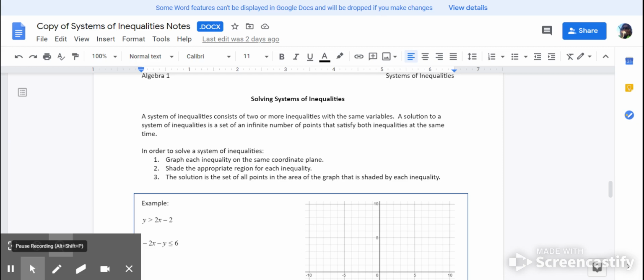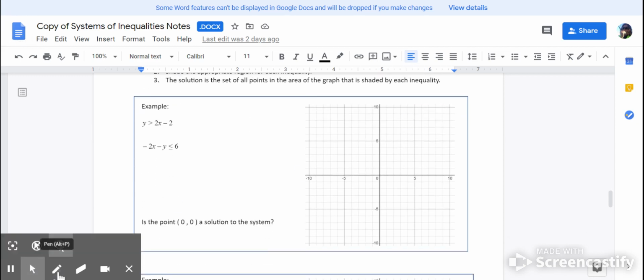So let's look at the first example. y is greater than 2x minus 2. I'm going to scroll down so we can actually graph this. So we start at negative 2, up 2 over 1, up 2 over 1, up 2 over 1, up 2 over 1.